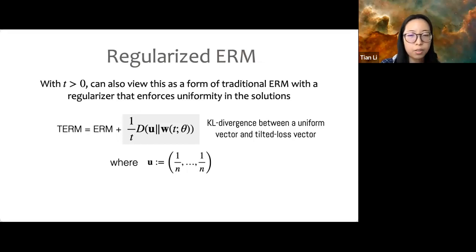So this is the KL divergence between a uniform vector and a tilted loss vector, and this constant is 1/t. When t is very large, it basically enforces this uniform distribution. And when t is close to 0, it will recover the ERM objective.